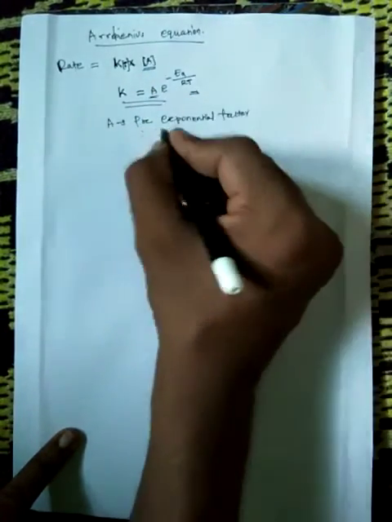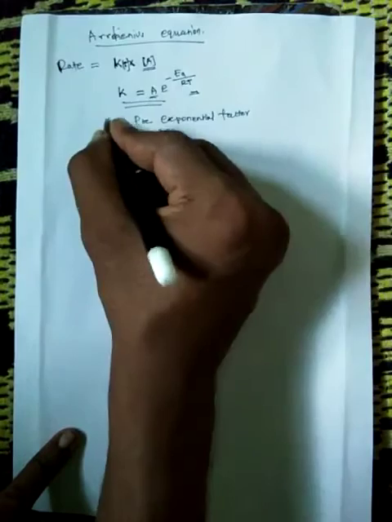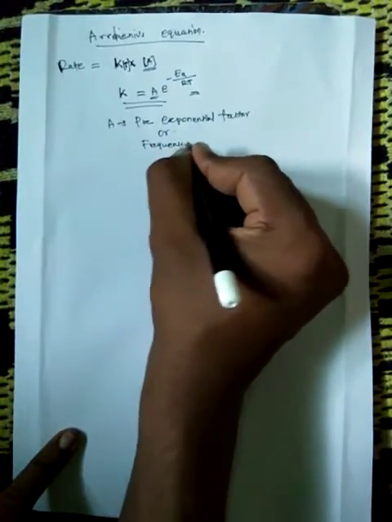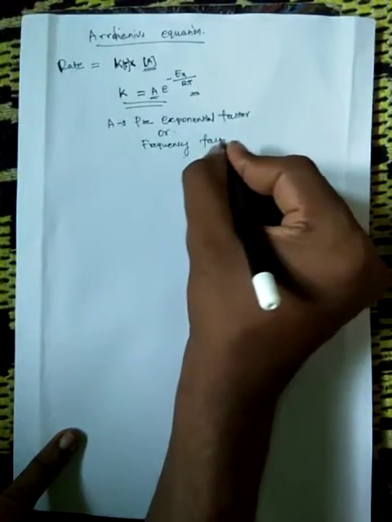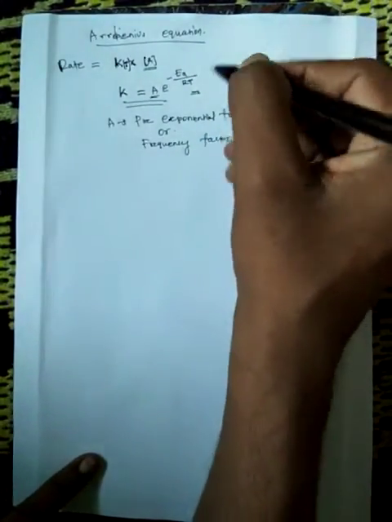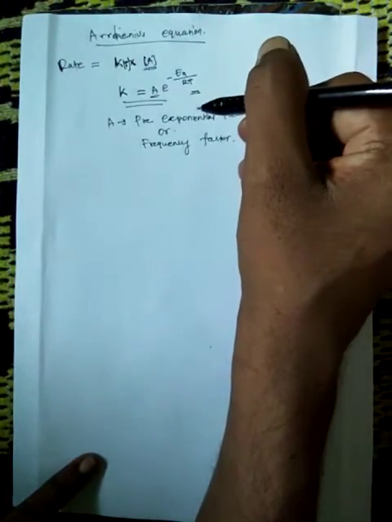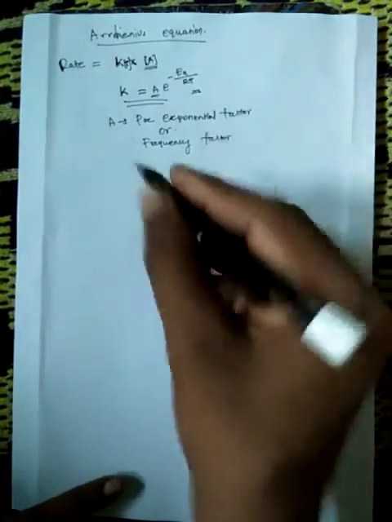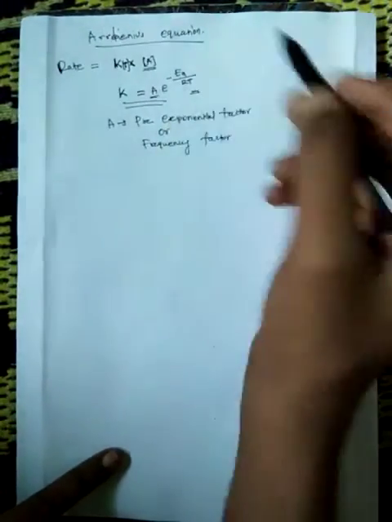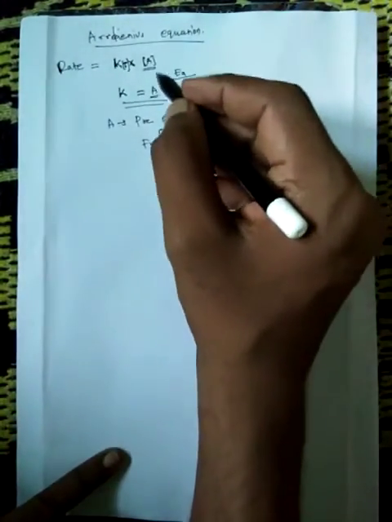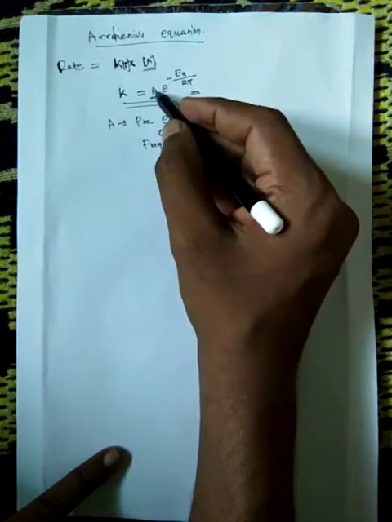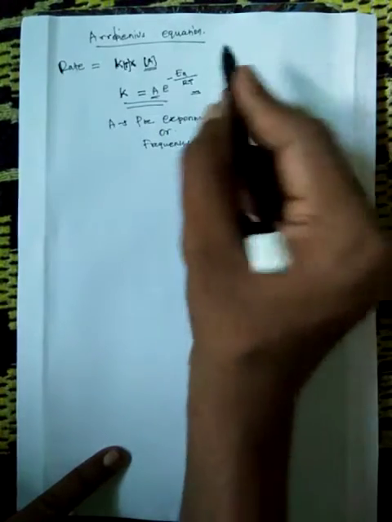It is also called the frequency factor. For some reactions, A depends on temperature, but here we assume that A is constant. It is independent of temperature. But there are some reactions where the A value depends on temperature.